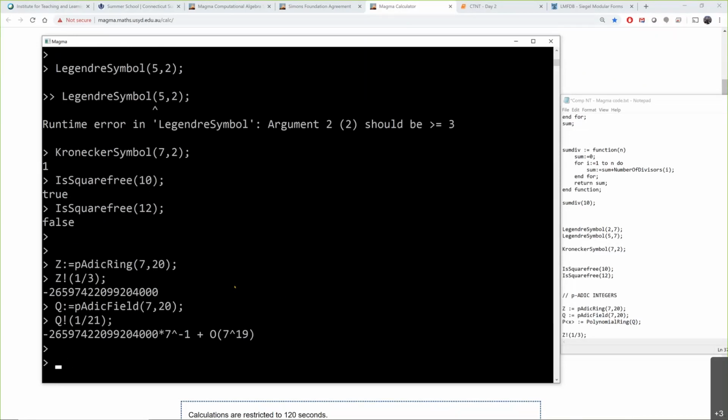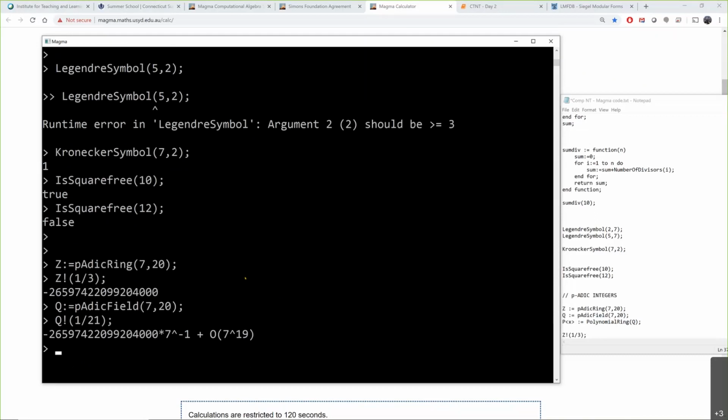For the 1/3 in Z7, you're saying that it writes out the base 7 expansion out to 20 and reconverts it back into an ordinary integer that might be negative?